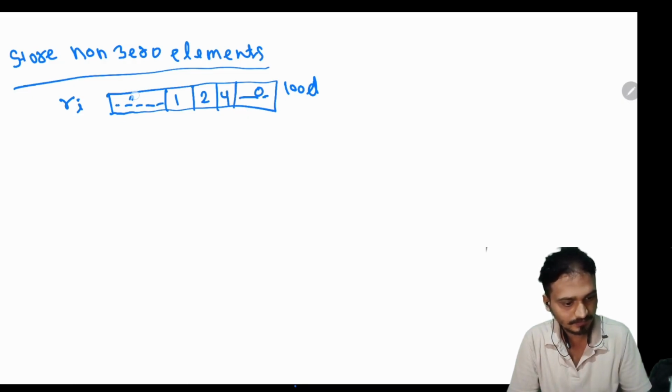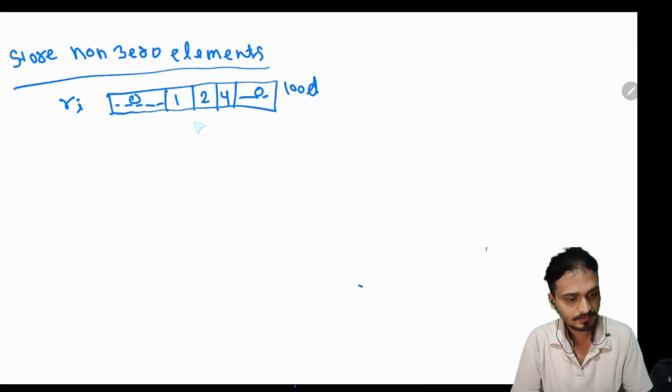Here also everything else is 0. Can we reduce the space complexity here? Yes, since we have 100 and only 3 of them are non-zero, can we reduce 100 to something else? Yes. So how will we reduce it?